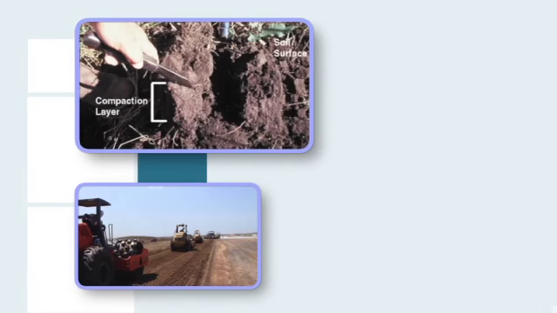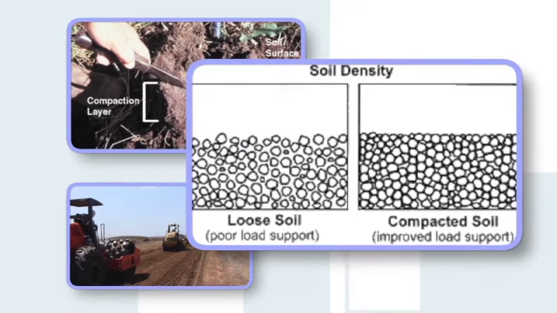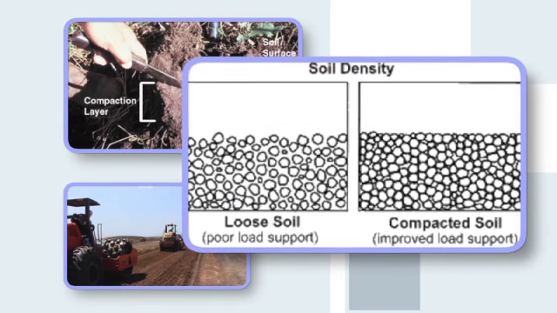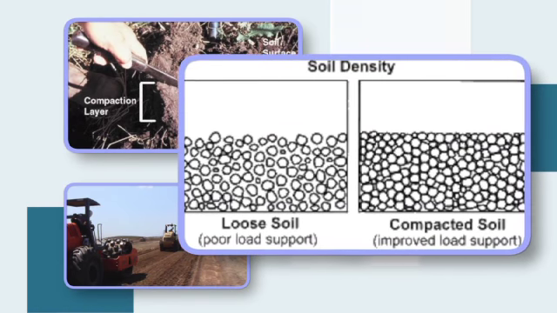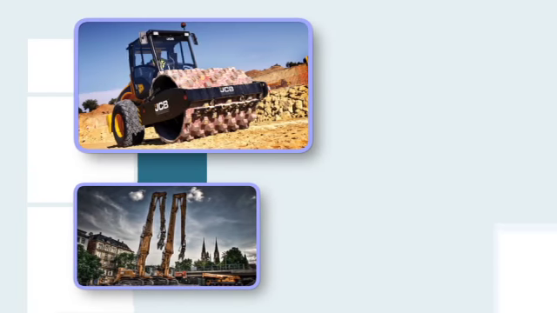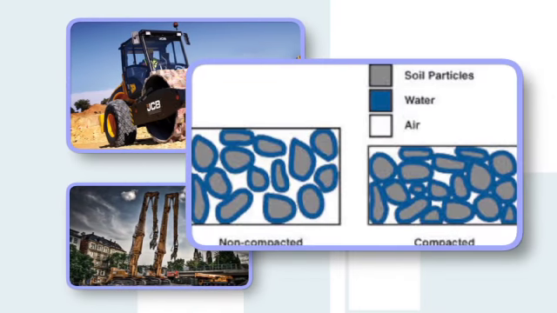Here is an example of compaction, where we've got particles that are relatively loosely related to each other. If we apply an external force, we push those particles together and get them into a closer-knit state.